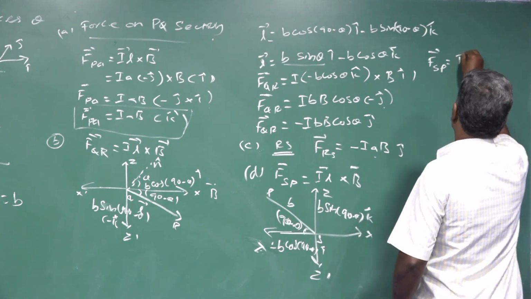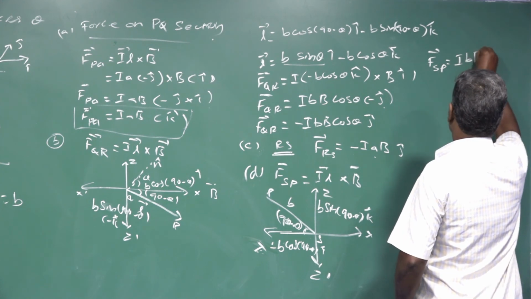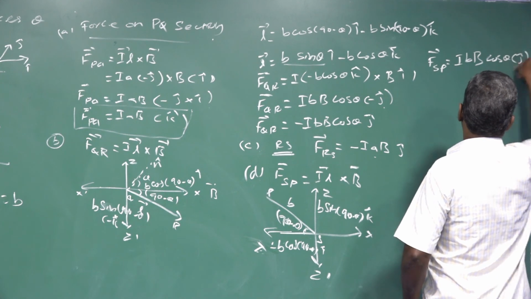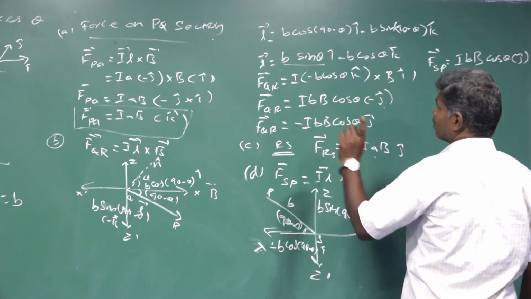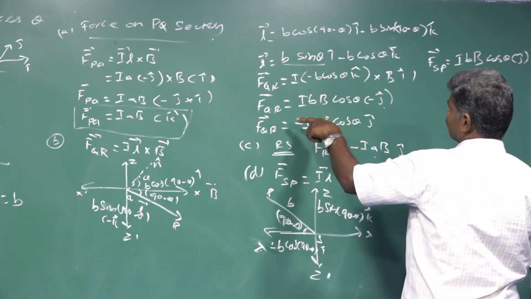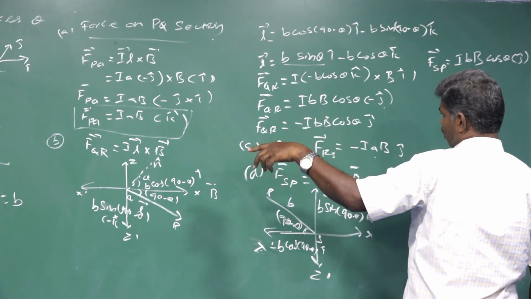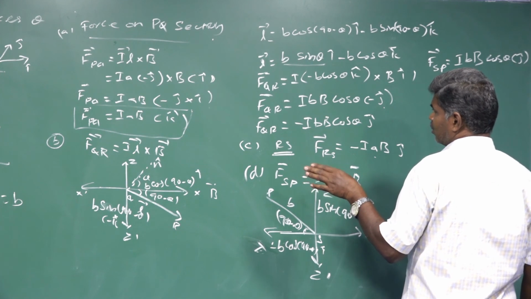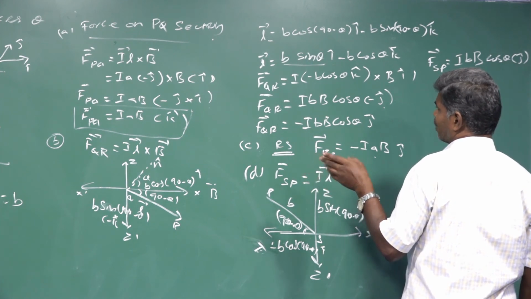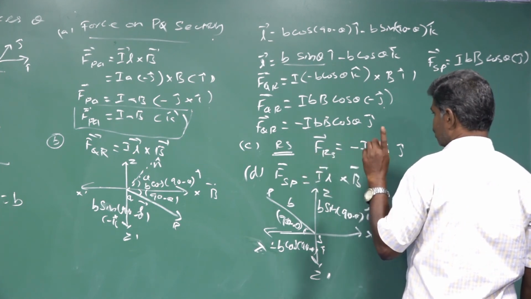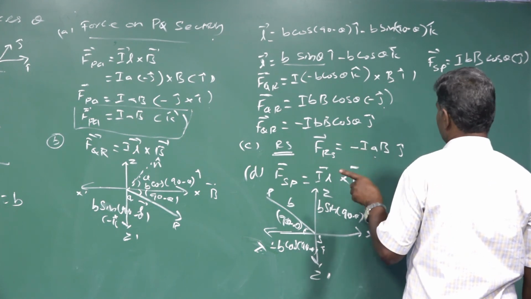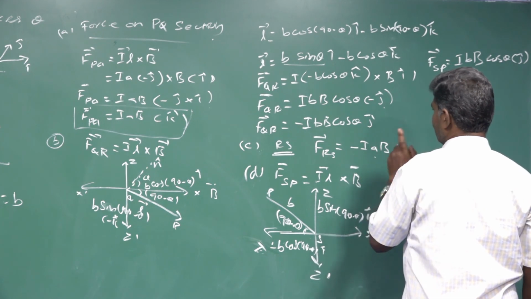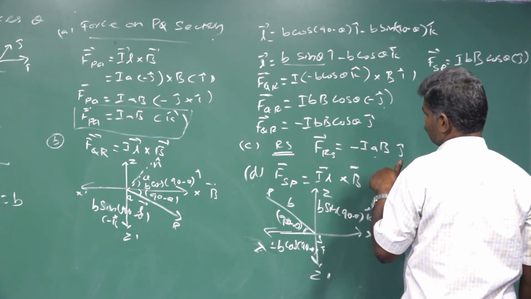That's why it is I b B cos theta into j cap. Now the first force, the PQ side force, is taken as IAB k cap, and the third one is IAB minus k cap, in the downward direction.